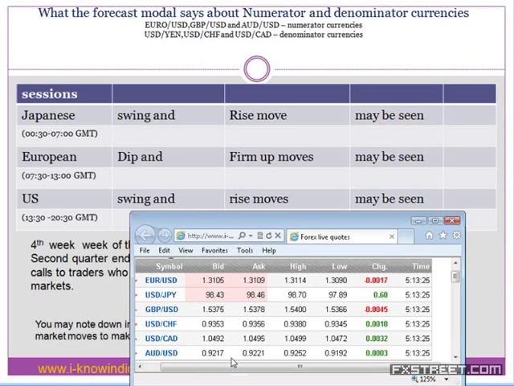So if it goes up, okay, this is my limit order or take profit level, and I'll be able to close it with 50-60 pips profit. In the event it drops, what plans do I have?